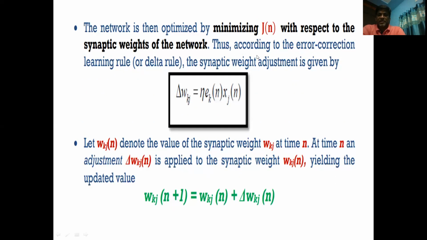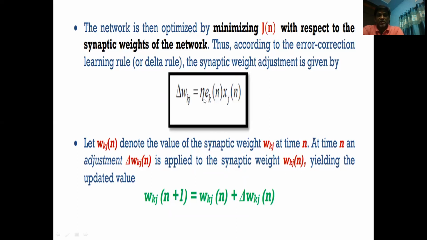In error correction learning, the main objective will be minimizing this error term by adjusting the synaptic weights of the neural network. The difference weight to be added to the existing synaptic weight of connections between neurons will be calculated as eta into ek of n into xj of n.